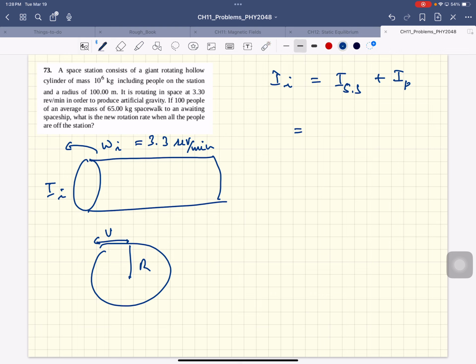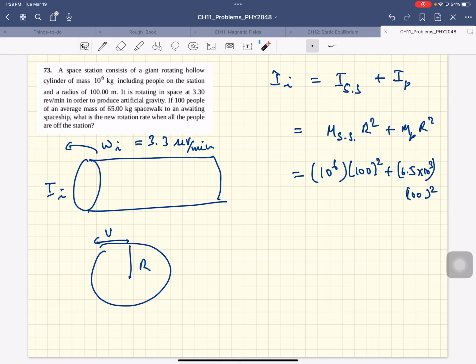So this is mass of the space station times r squared plus mass of the people times r squared: 10 to the 6 times 100 squared plus 6.5 times 10 to the 3 times 100 squared. That was the total mass of the 100 people, roughly 1% of the mass of the space station.